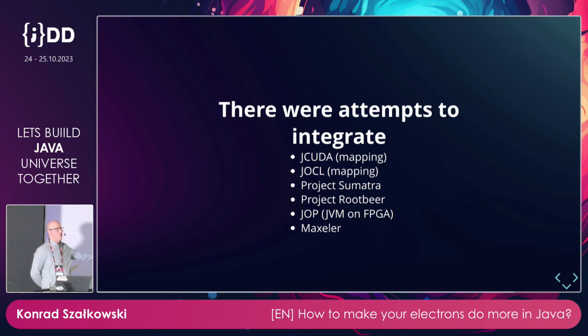And the second one was Project Root Beer. Root Beer was an attempt to compile code from Java into the GPU via GraalVM, via Graal extensions. Both died, sadly. And there are a few other attempts, like JVM on FPGAs.